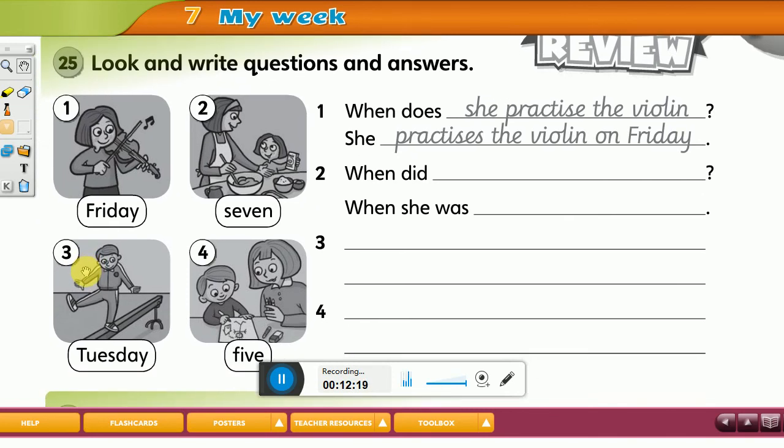When does he do gymnastics? Yes, he does gymnastics on Tuesday. Picture 4. When did he learn to draw? He learned to draw when he was 5.